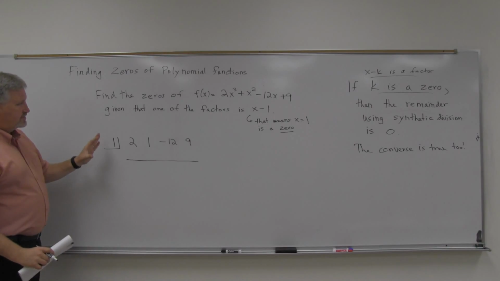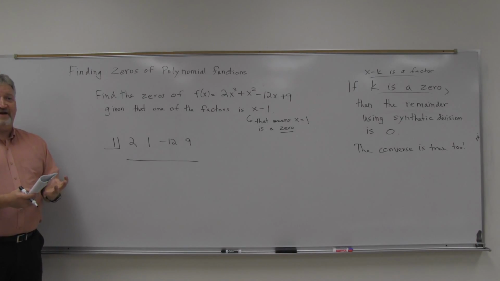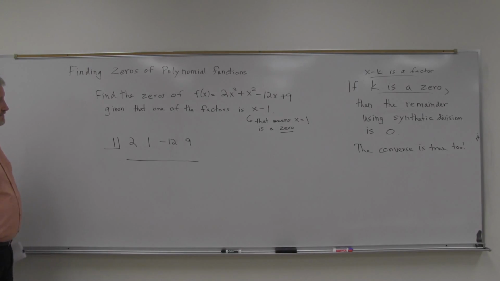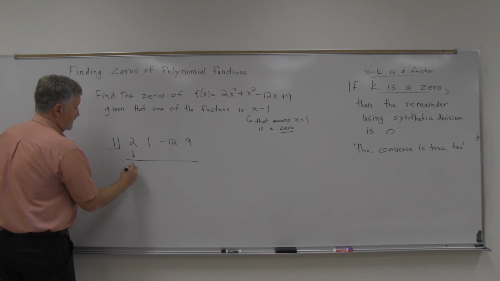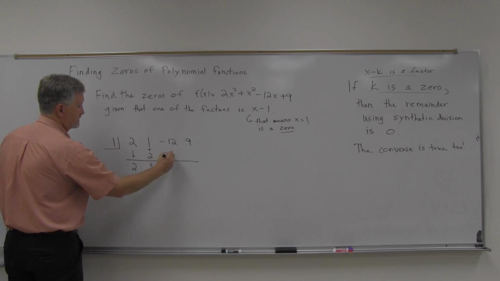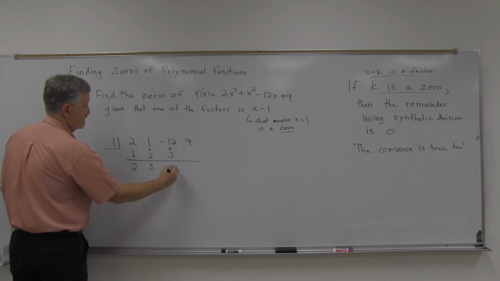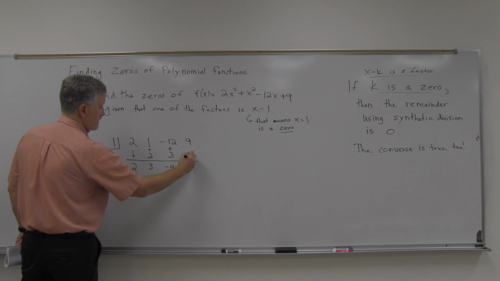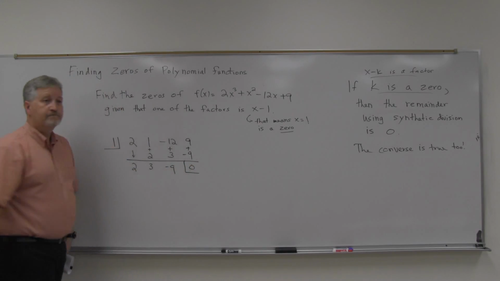Let's use our synthetic division to confirm it, but there's more that comes out of that, just from that one little piece of information. So read it down. 2 times 1 is 2, 1 plus 2 is 3, 3 times 1 is 3. Negative 12 plus 3 is negative 9, and then negative 9 times 1 is negative 9. 9 plus negative 9, ta-da.